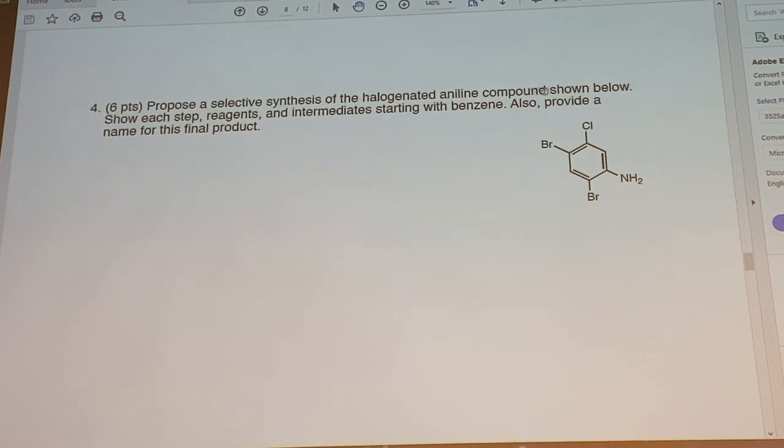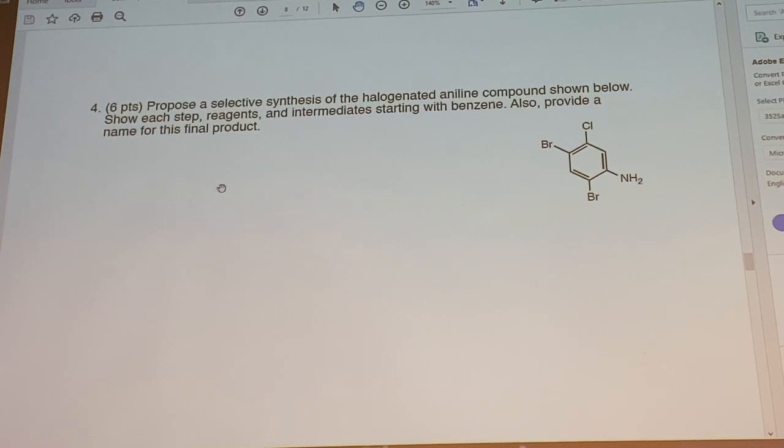This one here looks like a harder synthesis problem. But if you realize, oh, this is an aniline, look, I could put the orthobromo and the parabromo on at the same time. And then if I need to put this chloro on to begin with, I'd have to have this aniline, not as an aniline. I'd have to have it first as a nitro.